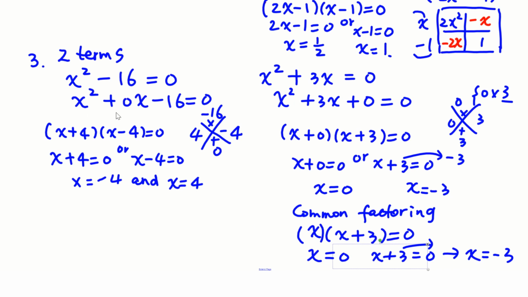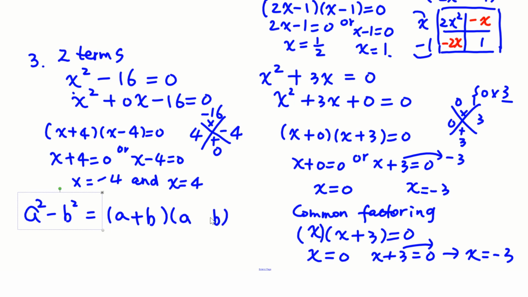And for this one, you could use difference of squares. So a squared minus b squared. Then we put a and b in the brackets, one plus and one minus.